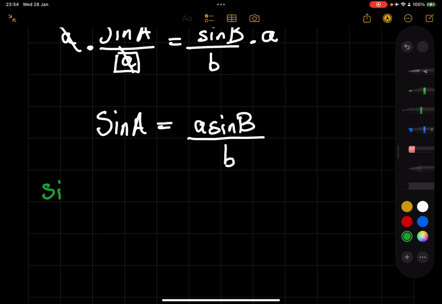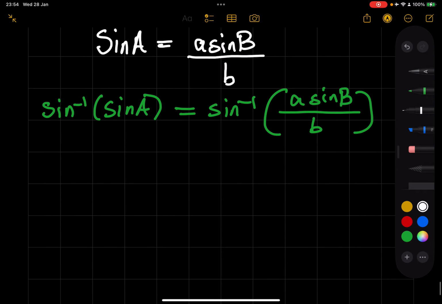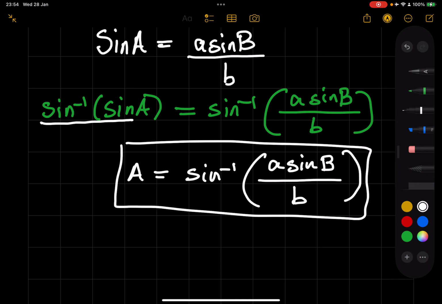So arc sine of sine A equals arc sine of A sine B over B. And this and that cancel, so that side we are left with A equals arc sine of A sine B over B. And that is A being isolated, ladies and gentlemen.